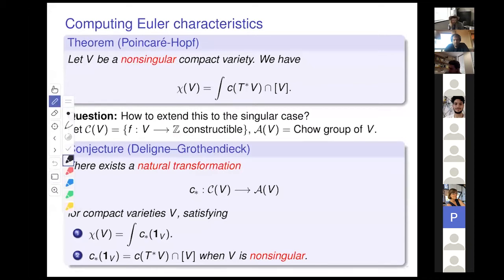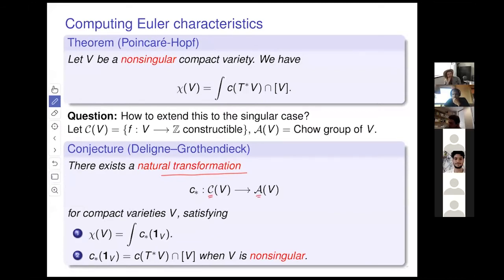What I mean is that there's a functor here. So you should think of both C and A as functors that associate a group to every variety.